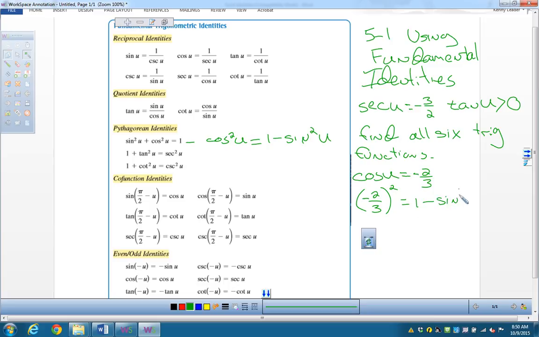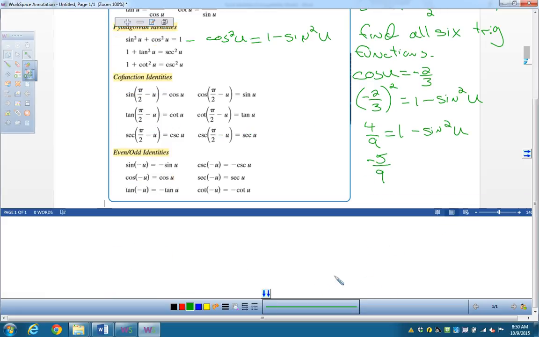So now I'm trying to find sine squared u. And when I square negative 2/3, what do I get? Don't say something good. 4/9. 4/9 equals 1 minus sine squared u. Then I could subtract 1 from both sides. That's 4/9 minus 1. How many ninths? Negative 5/9 equals negative sine squared u.